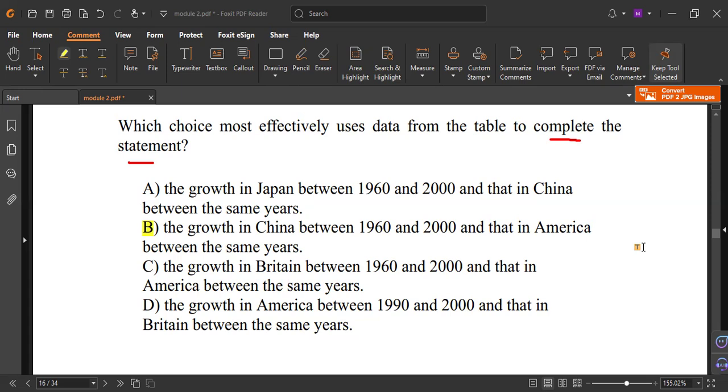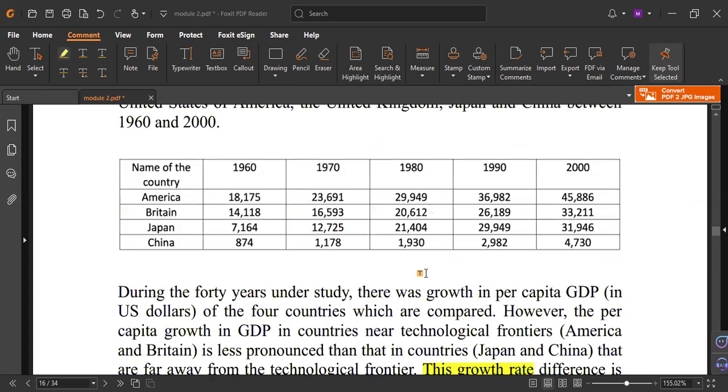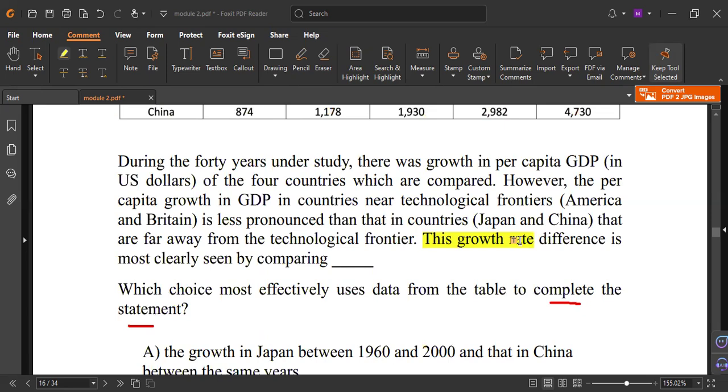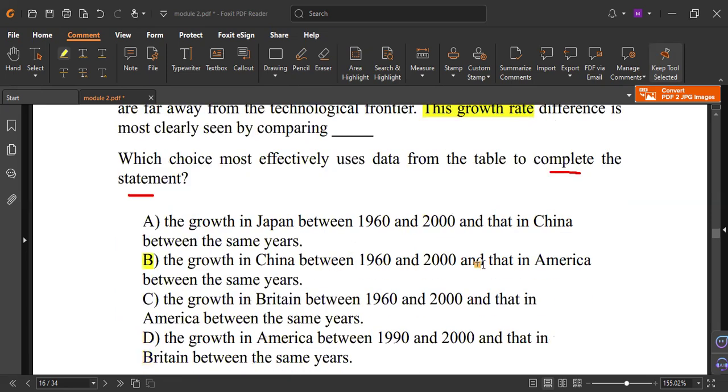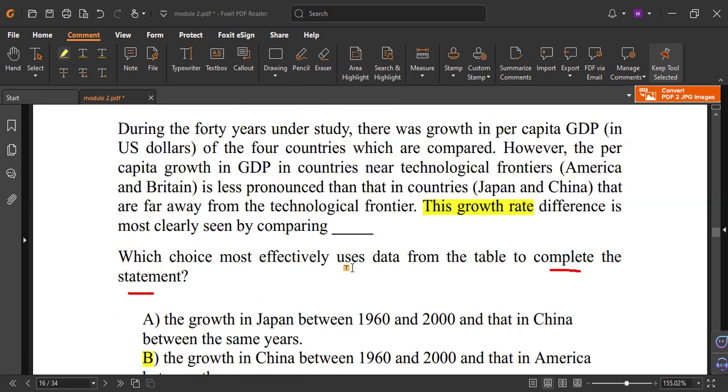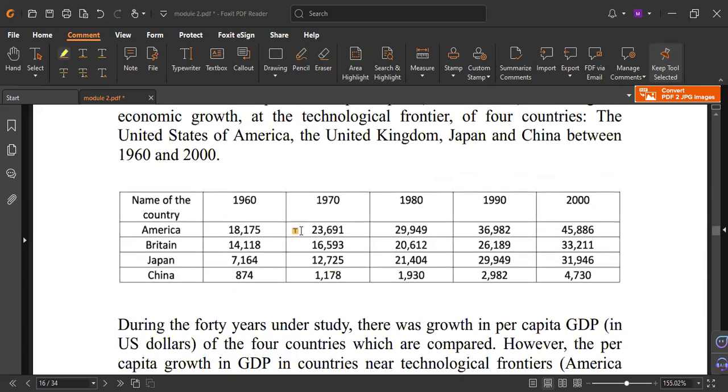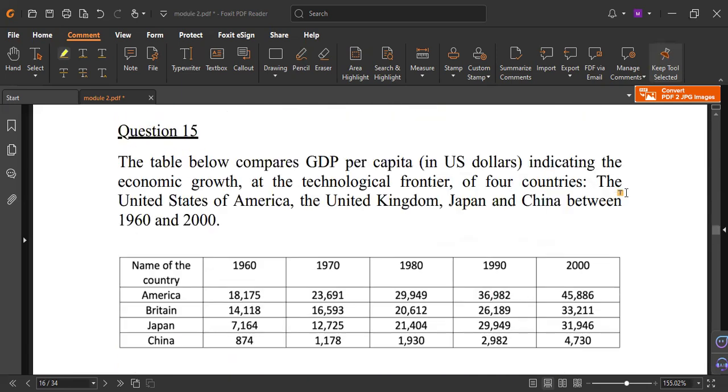Let's check it. What is the growth in China? This is China. You see, bigger or not? Yeah, it's increasing. And let's see between that and that in America in the same years. Where is America? Increases or not? Yes, that increases. Does it support that? Yes, indicating economic growth at the technological frontier. So they have technology, which just means it's increasing.